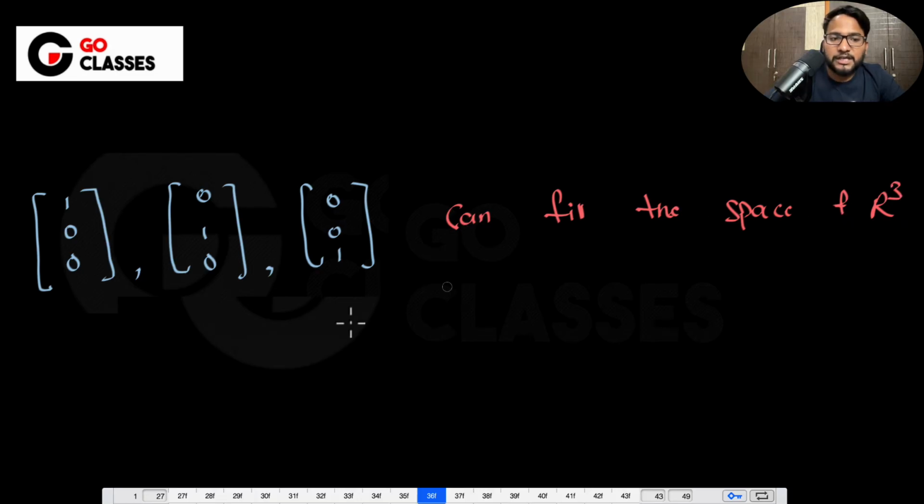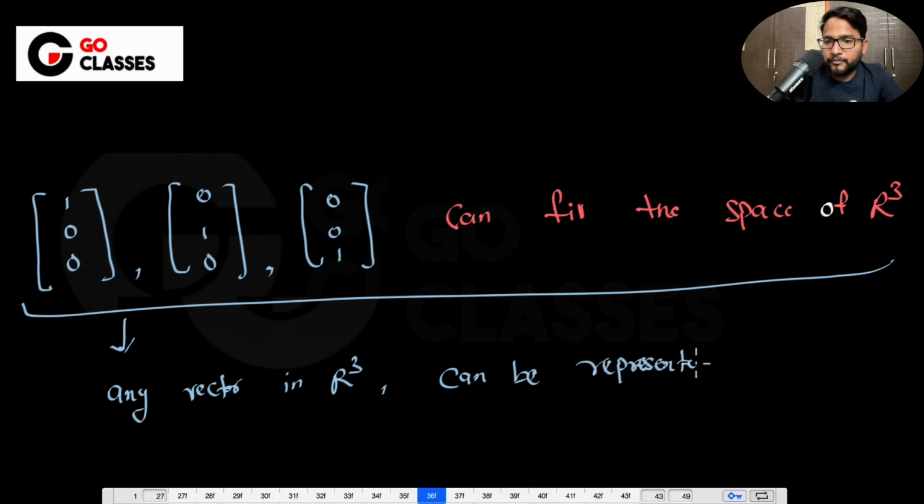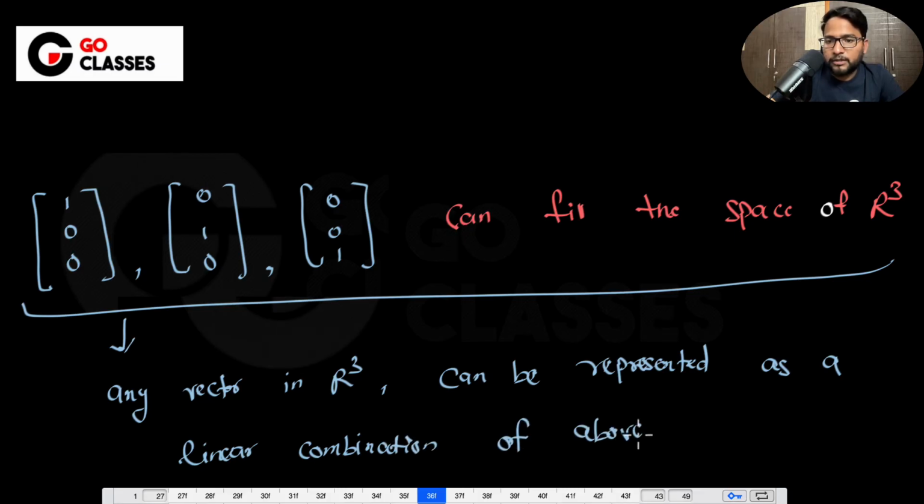It means that you give me any vector in R3, and any vector in R3 can be represented as a linear combination of the above 3 vectors, isn't it? So that's the power of these 3 vectors.